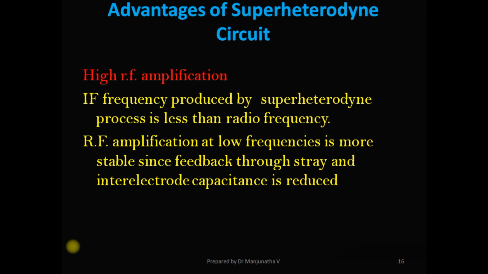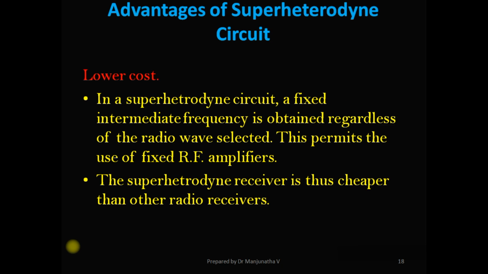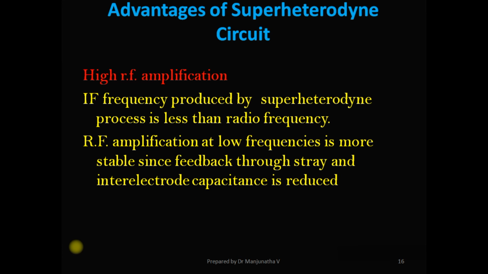The advantages of the super heterodyne circuit are high RF amplification, improved selectivity, and low cost. In the high RF amplification, the intermediate frequency produced by the super heterodyne process is less than the radio frequency.